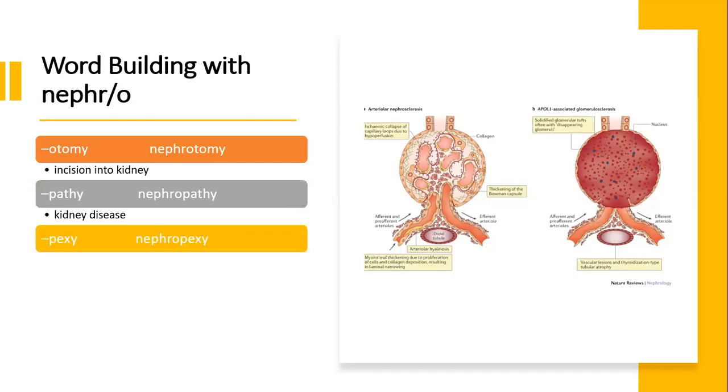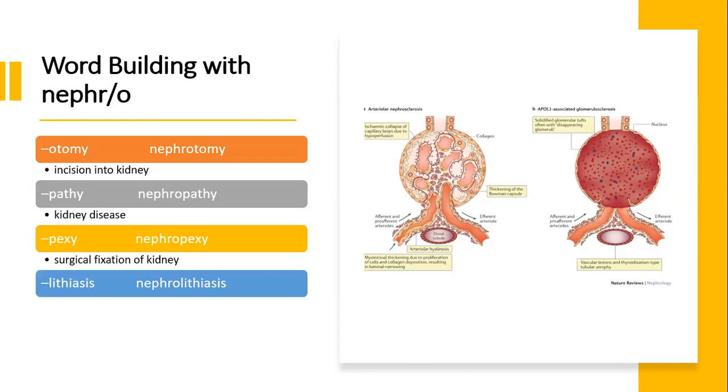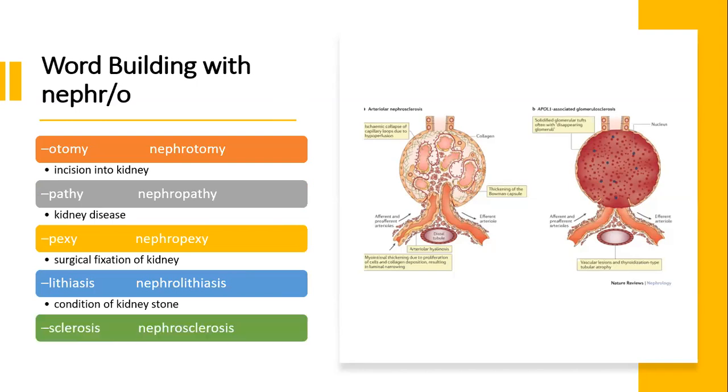We talk now about nephron, the small unit of the kidney. Nephropexy, surgical fixation of the kidney. Lithiasis, nephrolithiasis, condition of kidney stone. Sclerosis, nephrosclerosis, kidney hardening in other disease.